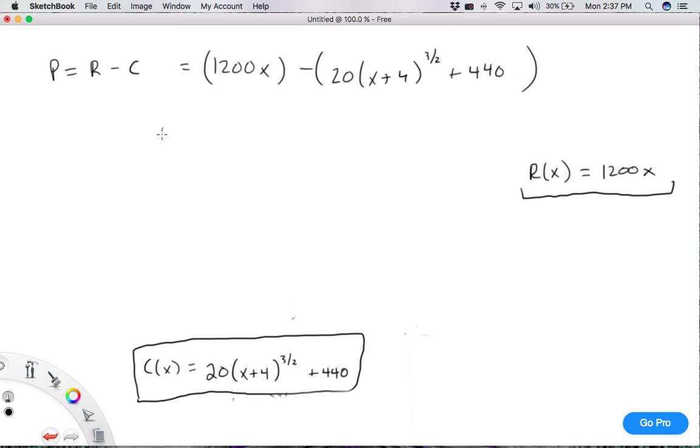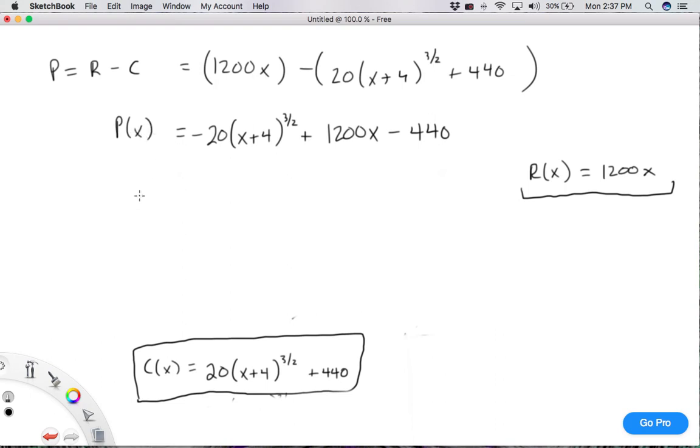If we want to get rid of the parentheses, we could call this negative 20 (x plus 4) to the 3/2 plus 1200x and then minus 440. Okay, so this is going to be our profit function.